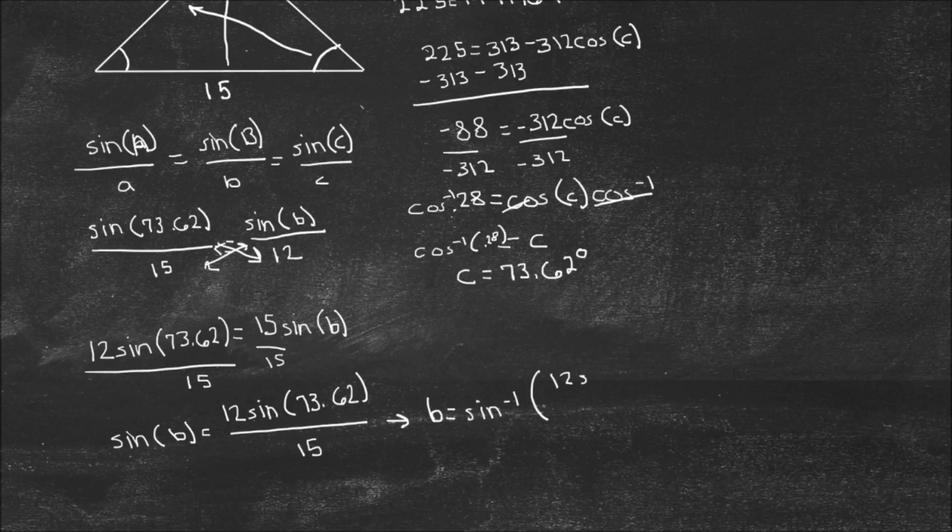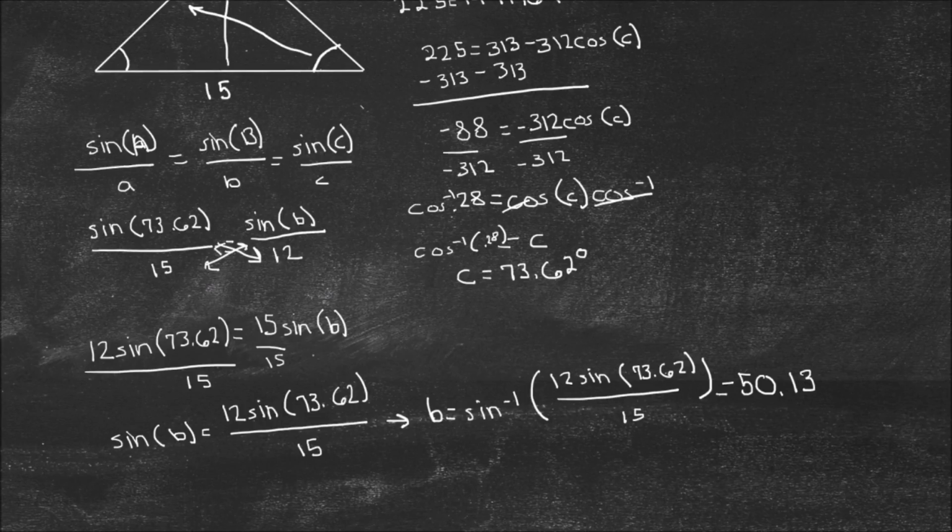So 12 sine 73.62 divided by 15. Let's see what that gives us. Sine inverse of 12 sine 73.62 divided by 15. I get 50.13. So B equals 50.13 for me.